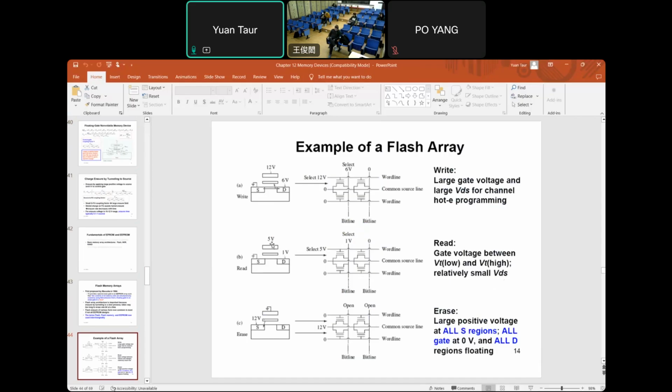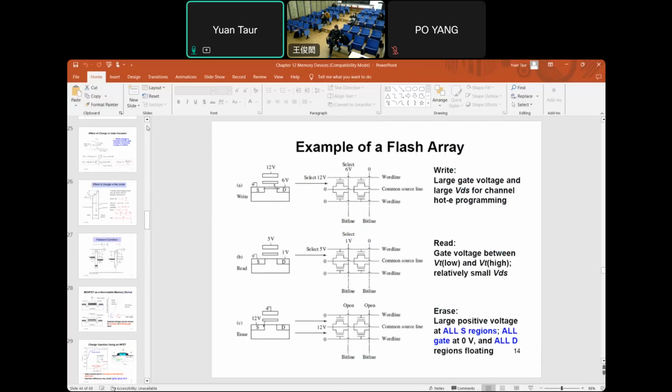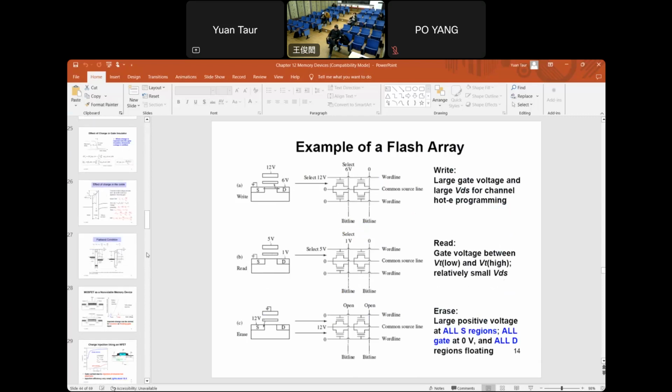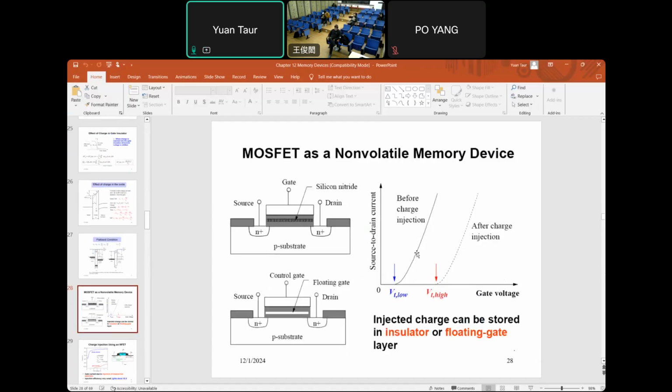So 5 volt is not enough to turn on, and there's no current flow between the source and drain. If you have charge, the VT is high.